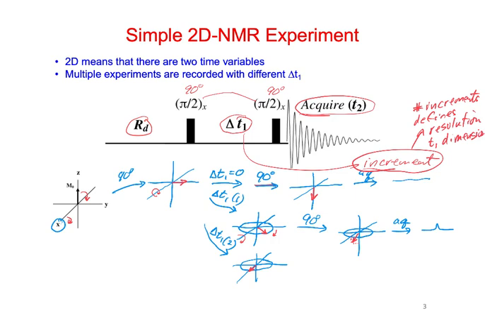Okay, the resolution in the T2 dimension depends upon how many points we're acquiring in the spectrum, right? And you can set that. But typically we have a lot more resolution in the T2 dimension than we do in T1, because we can, say, acquire 1K of points or 2K of points in T2, but we won't want to do that many increments in T1. Okay? Because it would just take too long.